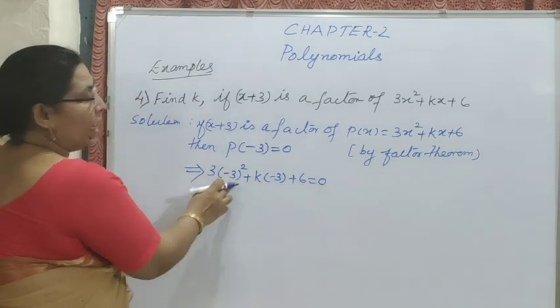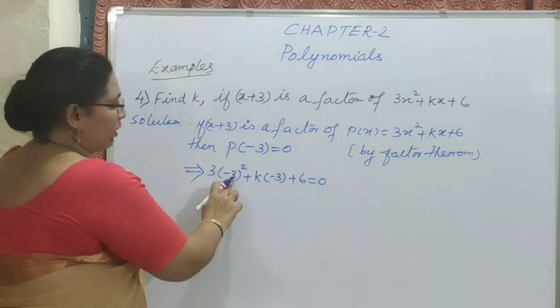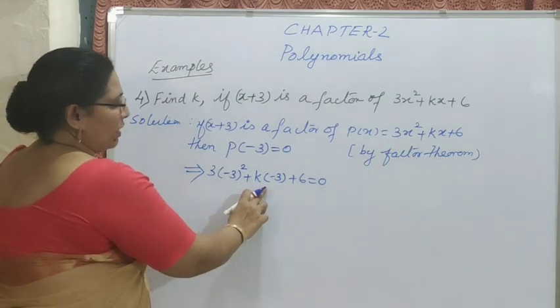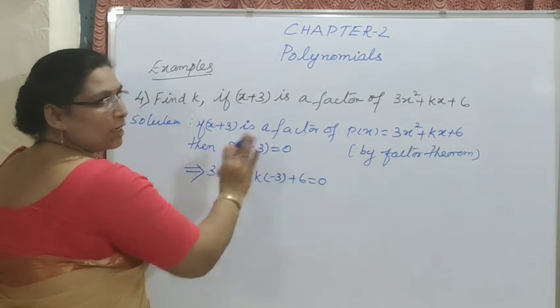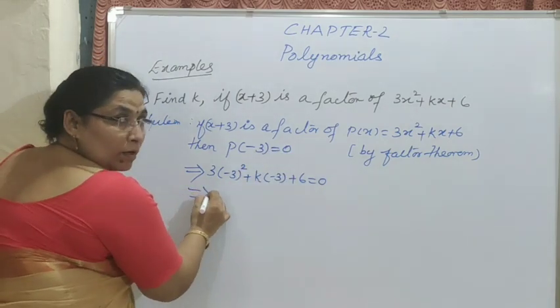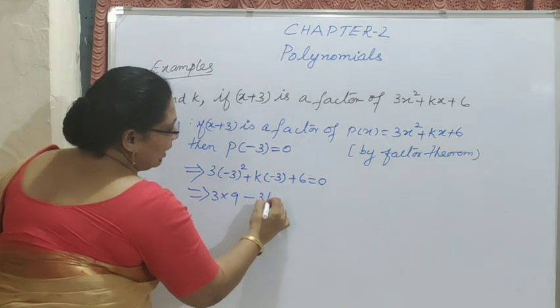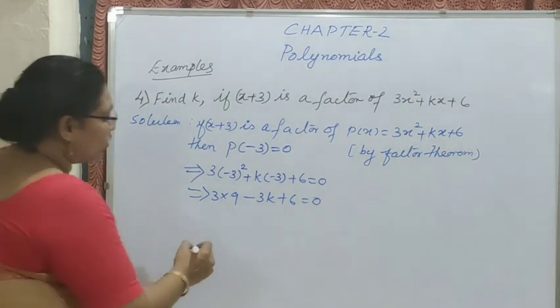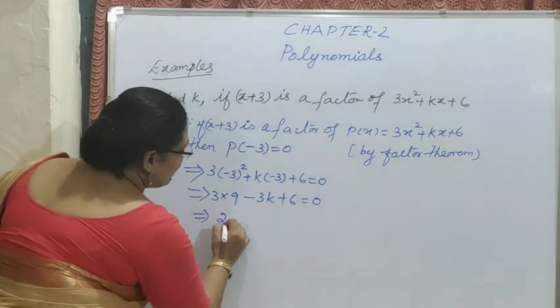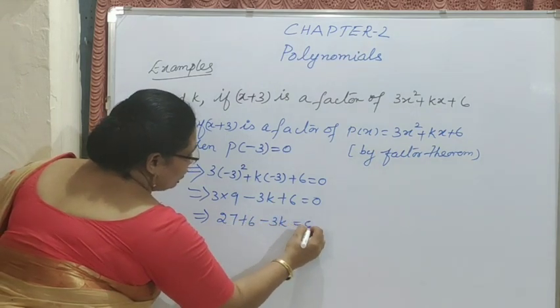What we have done here? x is replaced by minus 3. So 3 into minus 3 square plus k into minus 3 plus 6 equal to 0, because it is already 0 only. Now 3 into 9 minus 3k plus 6 equal to 0. 3 into 9, 27. 27 plus 6 minus 3k equal to 0.